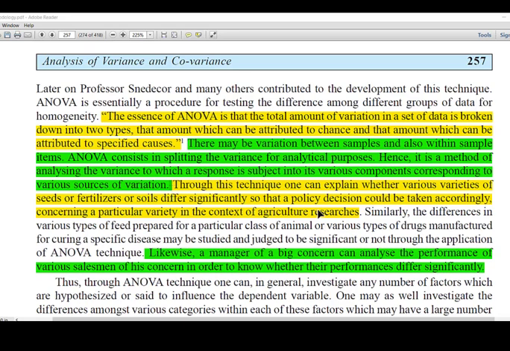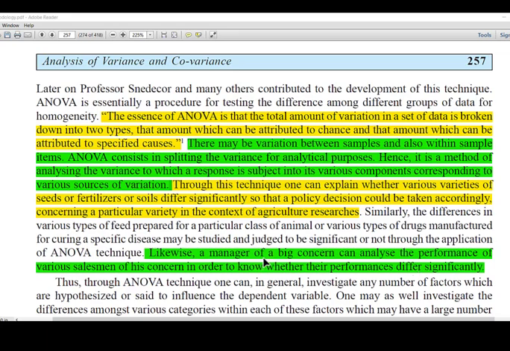Through this technique, one can explain whether various varieties of seeds or fertilizers or soils differ significantly, so that a policy decision could be taken accordingly concerning a particular variety in the context of agricultural researches. Similarly, the manager of a big concern can analyze the performance of various salesmen of his concern in order to know whether their performances differ significantly.